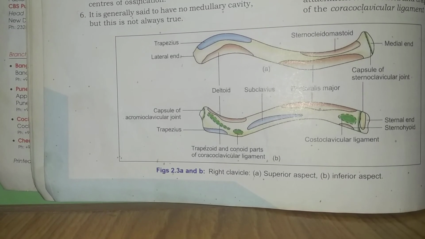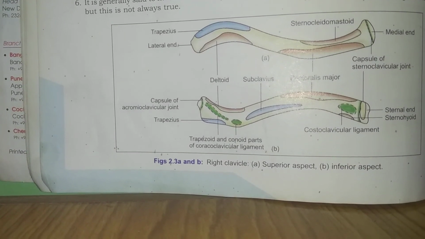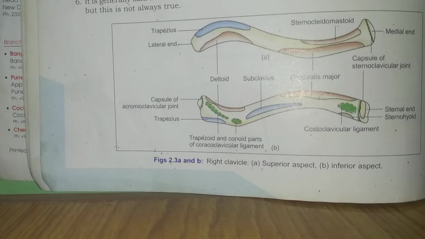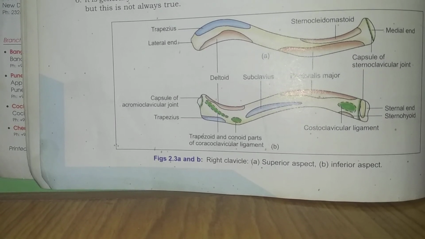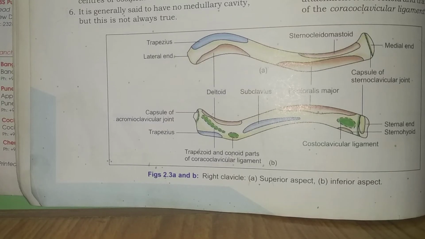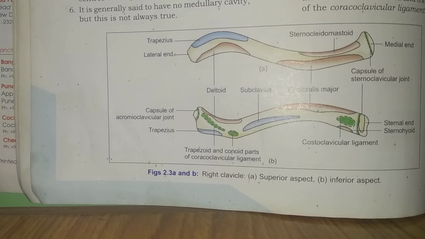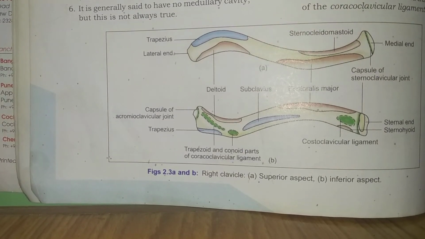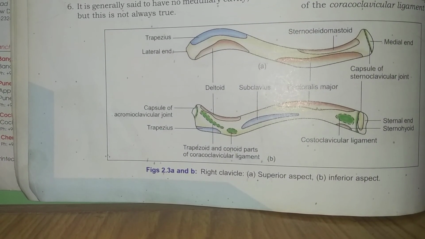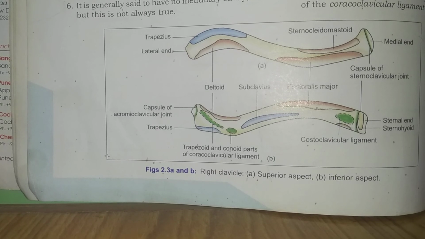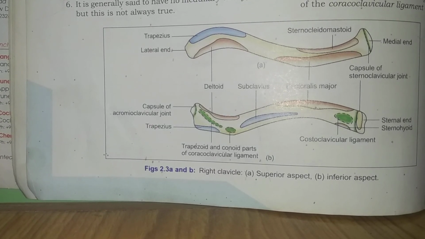Now coming to the muscle attachments of this bone, there are 5 muscles attached to this bone: deltoid, trapezius, pectoralis major, sternocleidomastoid, and subclavius. The deltoid muscle is on the lateral side and originates from the anterior border of this bone, and the posterior border of this bone on the lateral side gives insertion to the trapezius, as you can also see in this diagram.